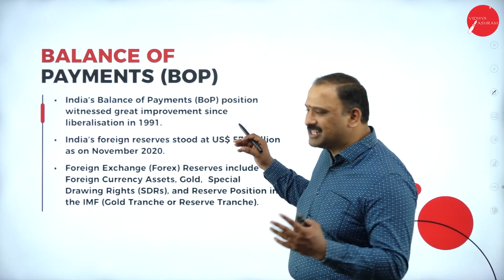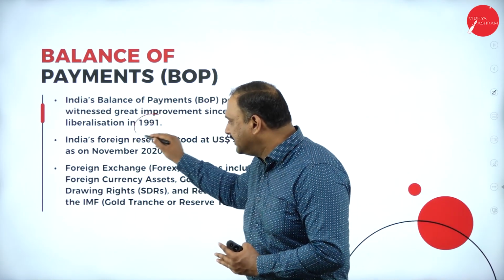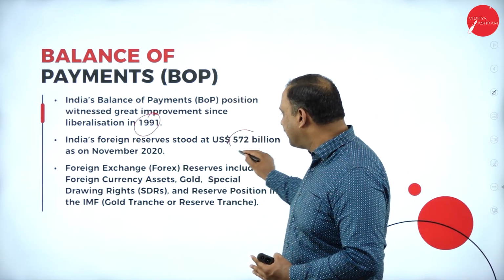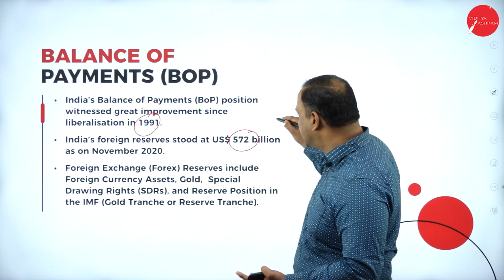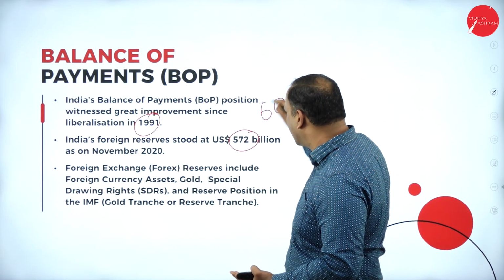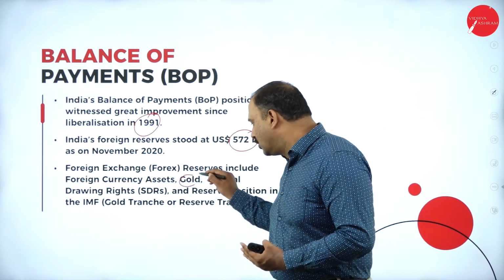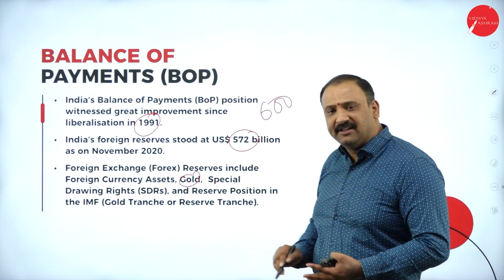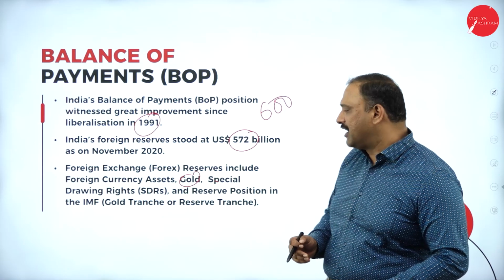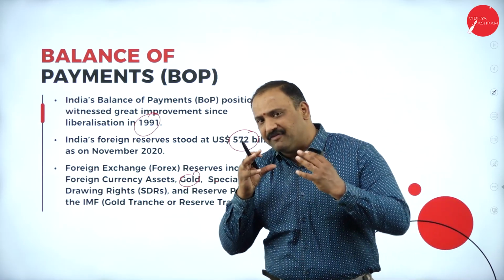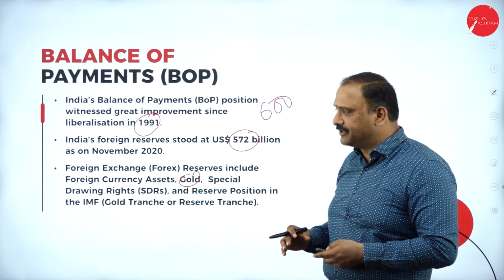India's balance of payments has seen great movement since 1991, when the reserves stood at 572 million. Now we have crossed more than $600 billion. Our forex reserves include gold, special drawing rights, and the reserve position in the IMF. So we have been able to make fantastic growth here.